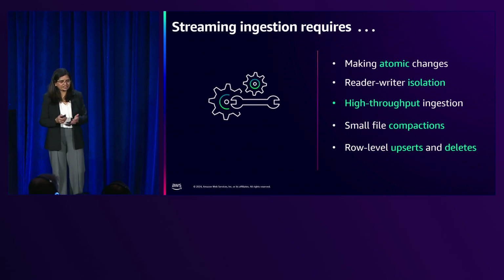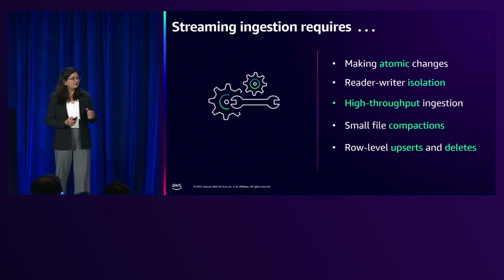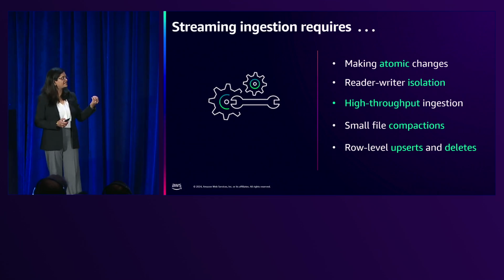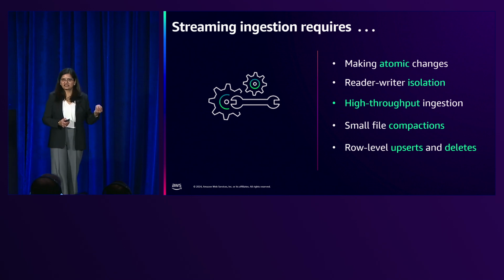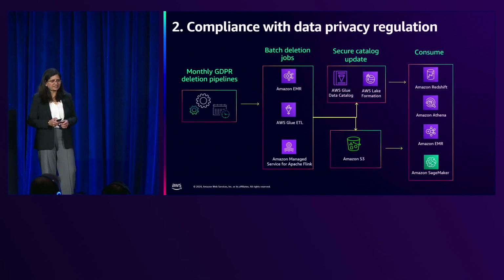So you need isolation between them, again a characteristic of a database. You need high throughput ingestion because this data is arriving very fast. You need to be able to compact small files for performance, and you need to be able to do row-level inserts and updates. We'll see more about this in the coming slides.